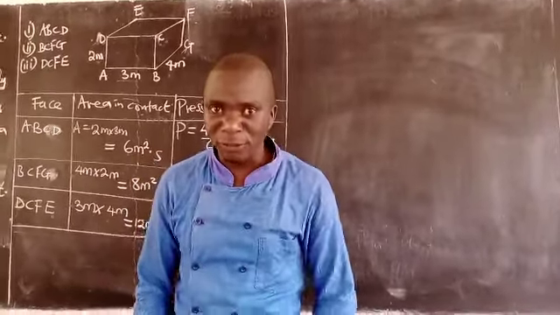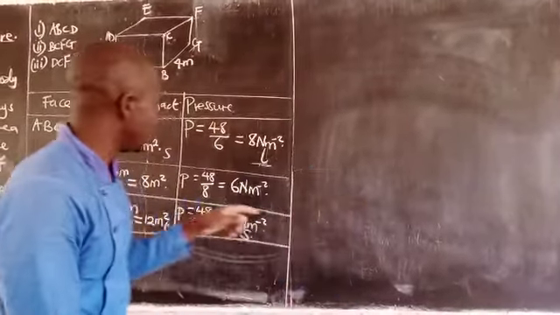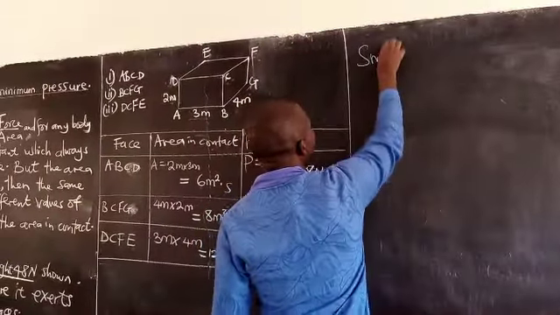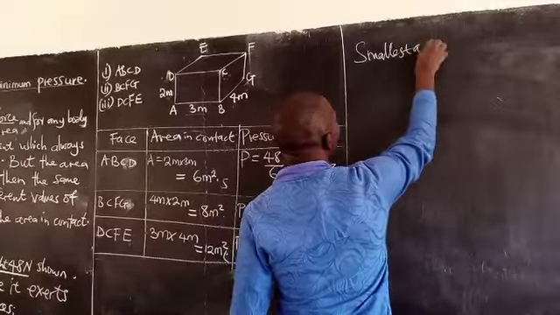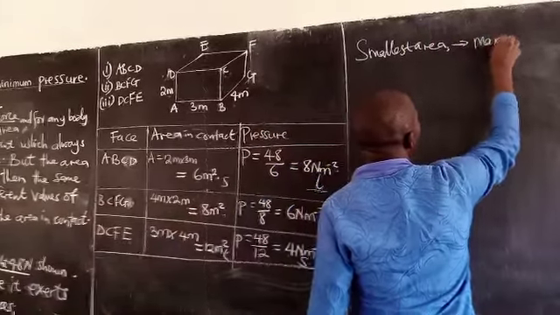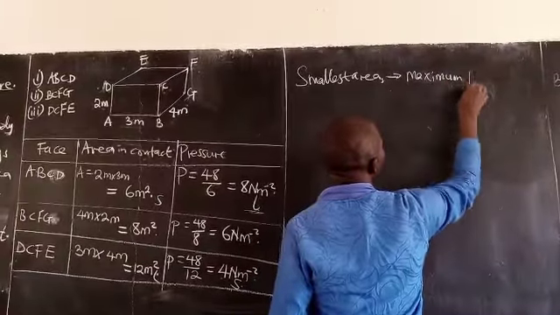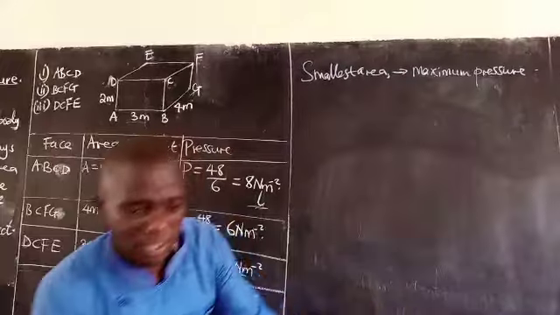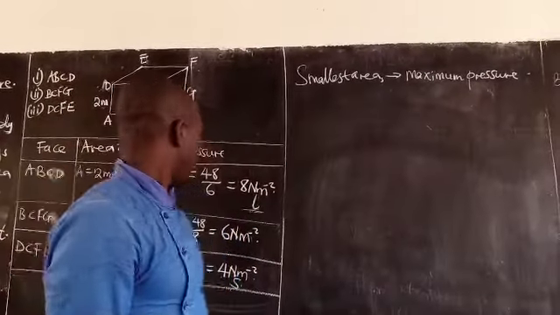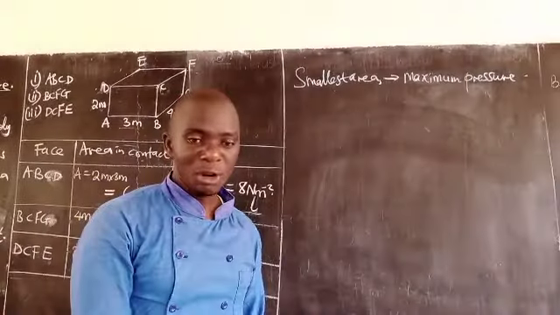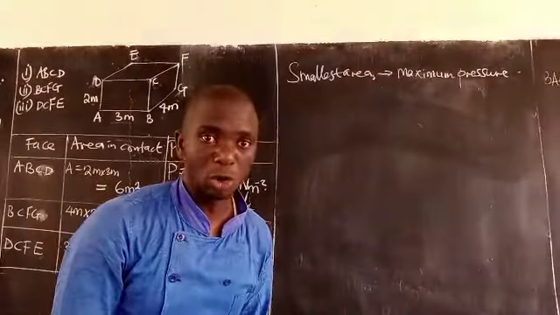But I believe you are realizing that when you have the smallest area, then you have the maximum pressure, and vice versa. And when you have the largest area, then you have the minimum pressure. So what do we conclude?